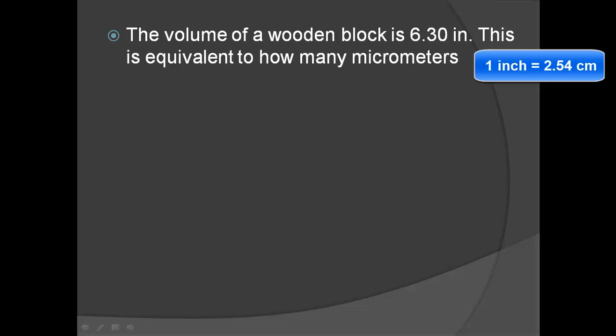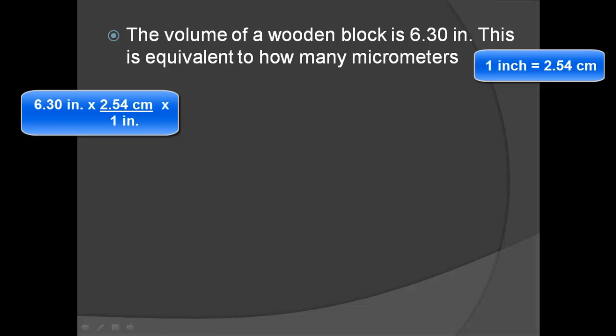The only way to get from an English unit to a metric unit is through that gateway conversion. So automatically you should be putting down that conversion that we just learned. 1 inch is equal to 2.54 centimeters. If I do that, my inches will cancel, and now I'm in units of centimeters.